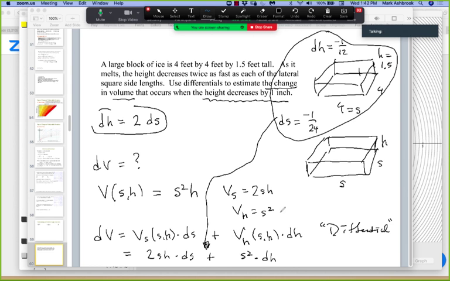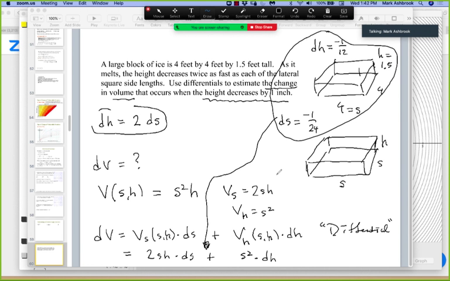And the resulting number will be how much the volume changes when the height goes down by 1 inch. And will that be estimate or exact? Estimate. Estimate, because the rate could be changing, right? So the actual rate of change could change as the height decreases. So it's just an estimate based on this snapshot of time.